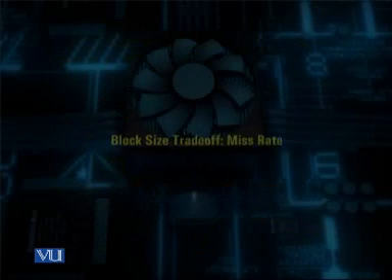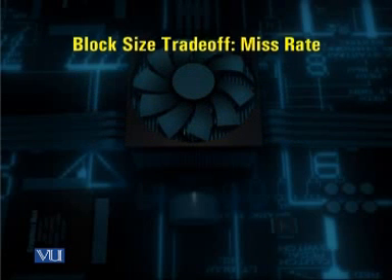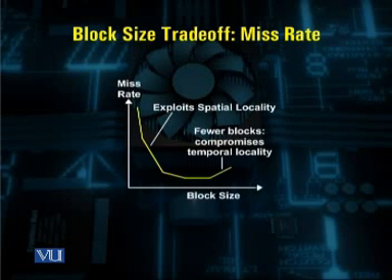Now let us discuss how the block size trades off the miss rate, miss penalty, and average access time. First of all, let us see how the miss rate changes with the size of each block of the cache. Here in this graph, you can see that when the block size is very small, the miss rate is very high. It is quite obvious.